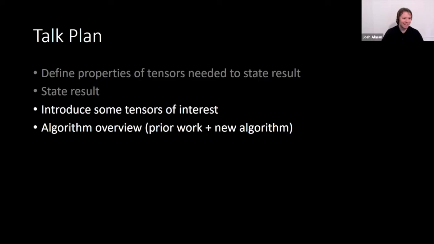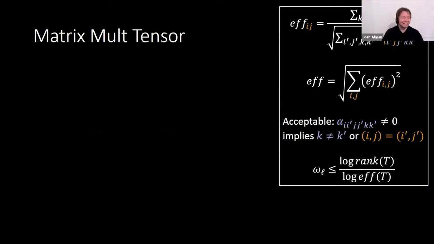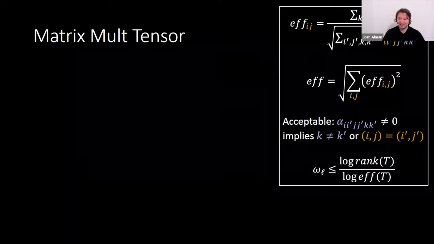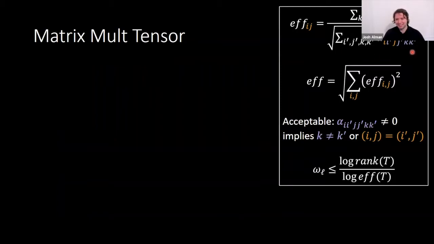Okay, so this is going to be a problem again for my picture on the side of the screen, I think. But here I have on the right a box which reminds you of the definitions of efficacy and acceptability and so on. So just to remind you again, efficacy of the ij entry is the ratio of the sum of the entries that are supposed to appear in matrix mult divided by the L2 norm of all the entries that are appearing.